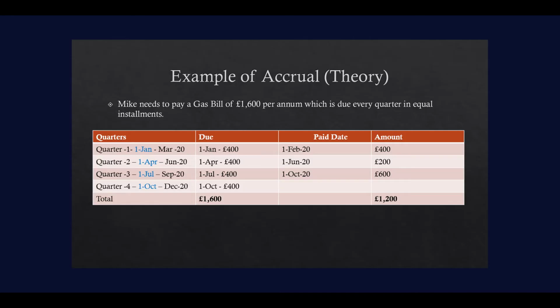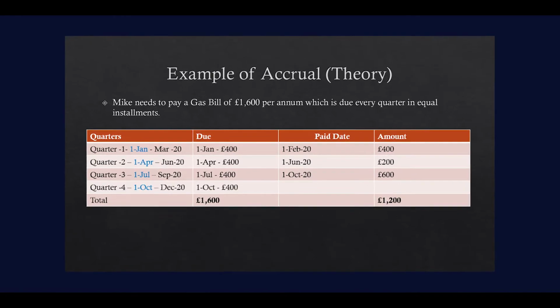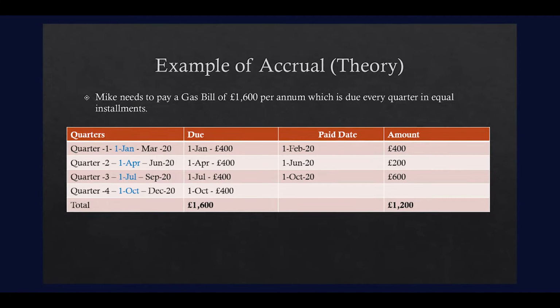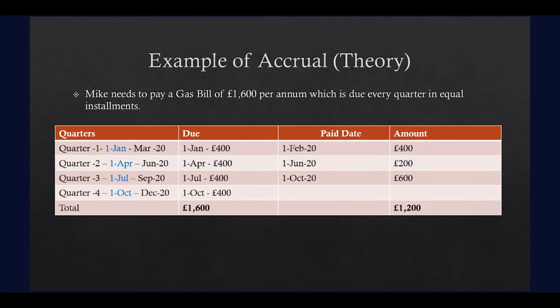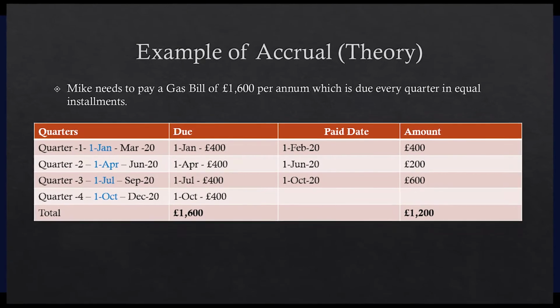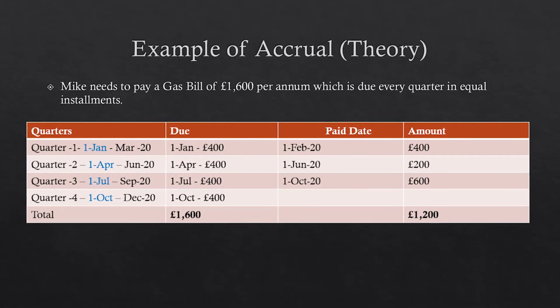Now let's look at a basic example, one that actually has an invoice and other principles attached. Mike needs to pay a gas bill of 1,600. He's gotten a deal with an energy giant: your bill for the year is 1,600, and it is due every quarter in equal installments.